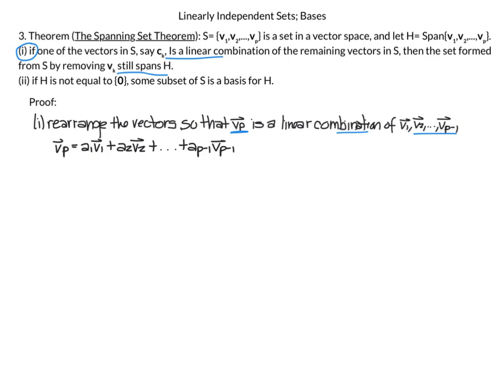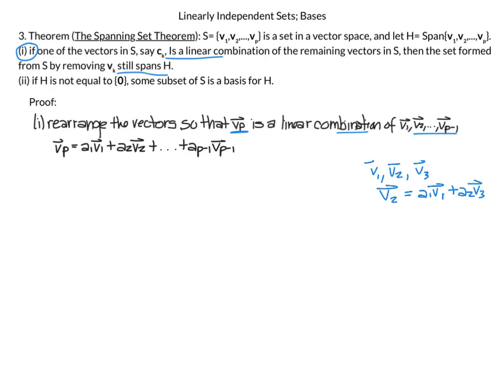If we have the vectors V1, V2, V3, and it happens to be that V2 is equal to some linear combination of V1 plus V3, we can deal with that as well. But the idea is just so that our indices are nice.